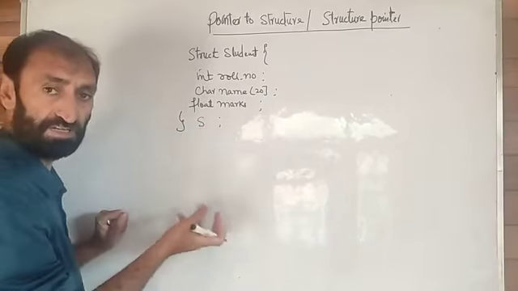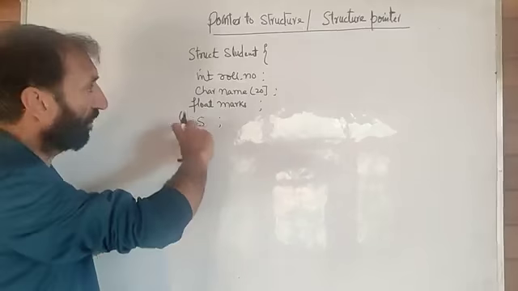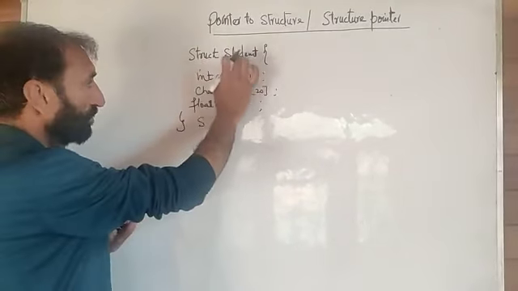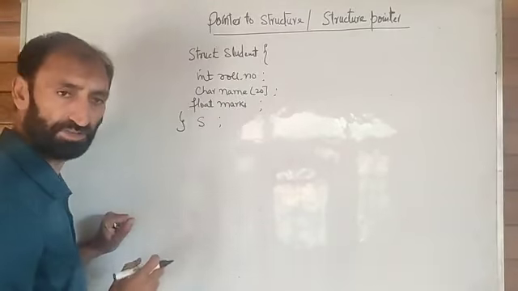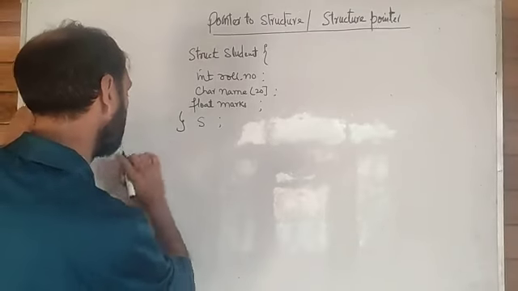Here I have declared the variables of the structure, or you can say the objects of the structure, the objects of structure student. And we can also declare the structure variables here as well.